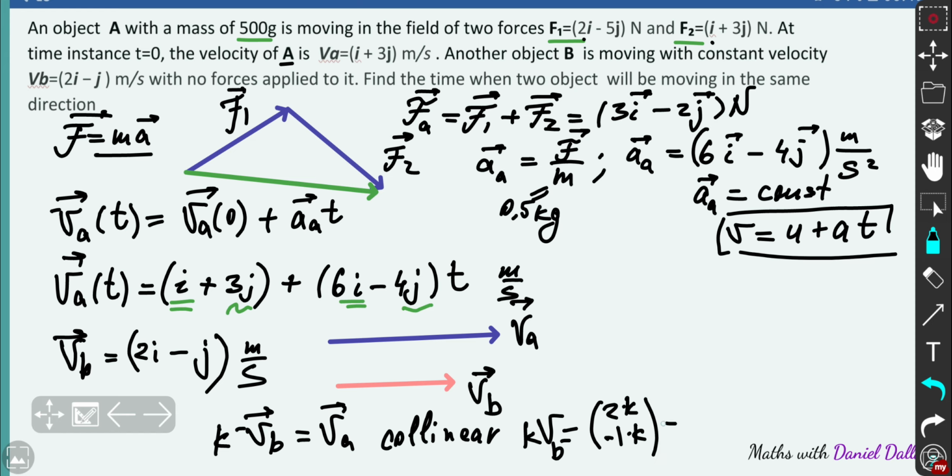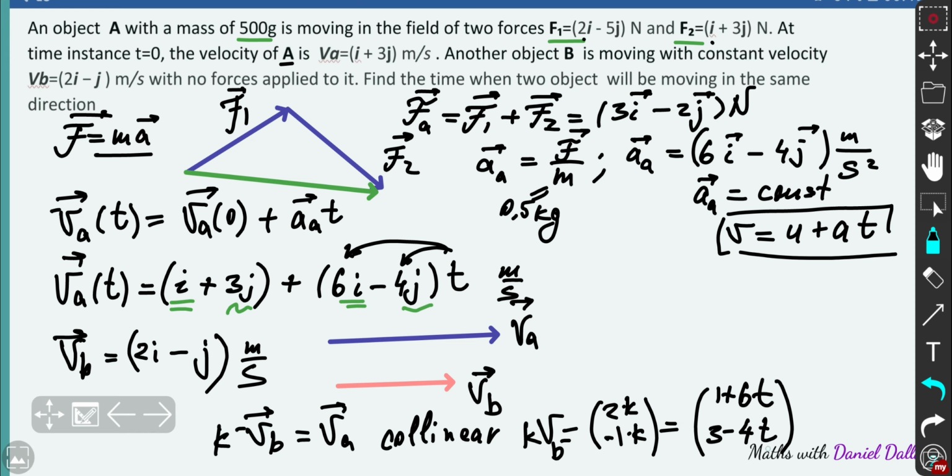And that is going to be equal to, and now it's time to combine the terms: 1 plus 6i is going to be 7i, so it's 7. And for the j components, it's 3 minus, oops, my bad, sorry. We need to expand time, and t goes everywhere as a factor. So we'll have 1 plus 6t, and here the same, 3 minus 4t. This is basically our matrix equation.